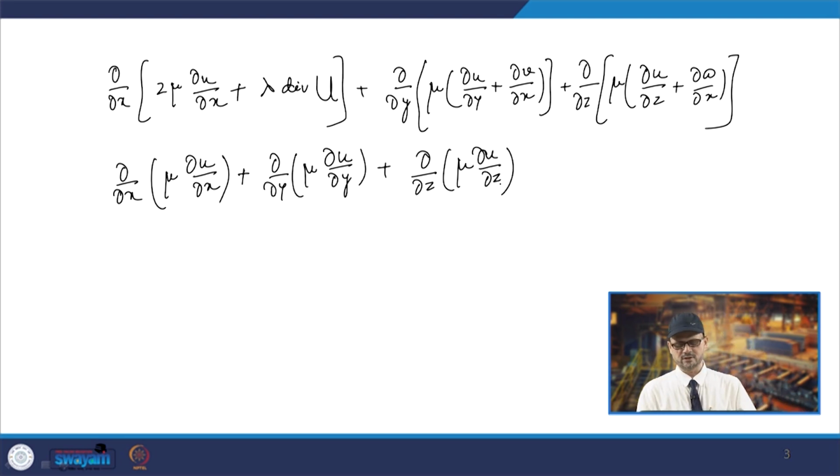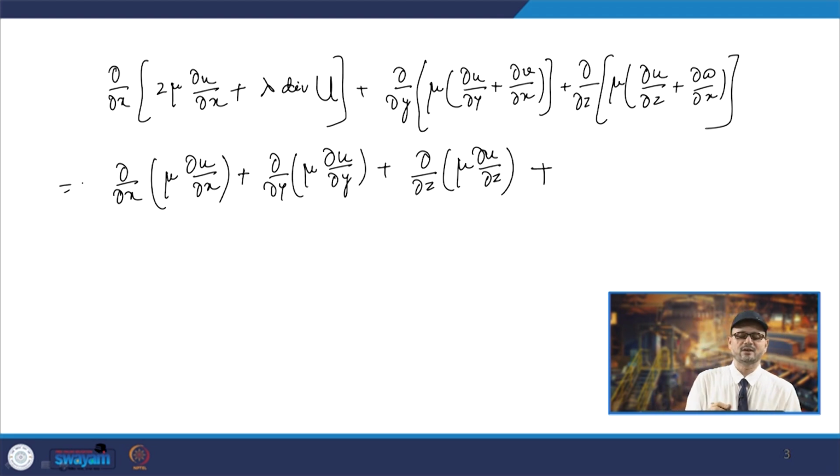That is nothing but div of mu grad u. So, that is this term. Apart from that, you are left with other terms.